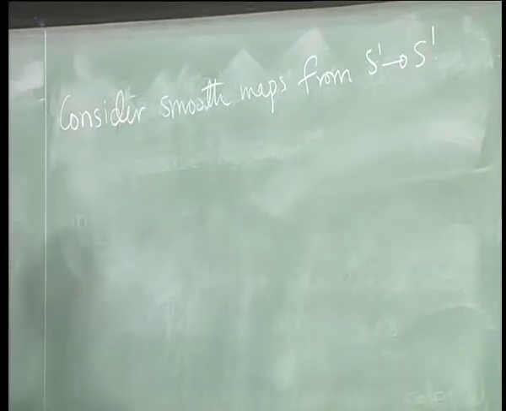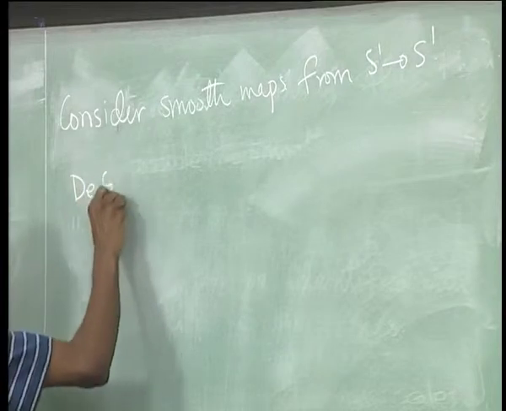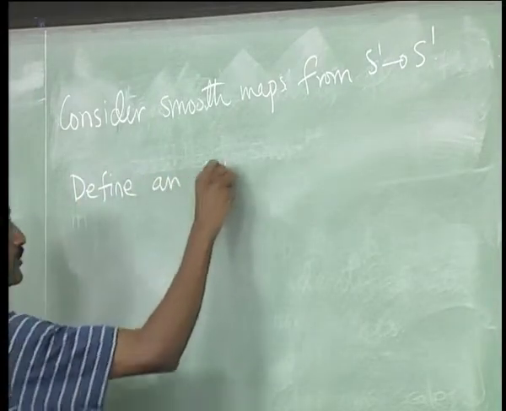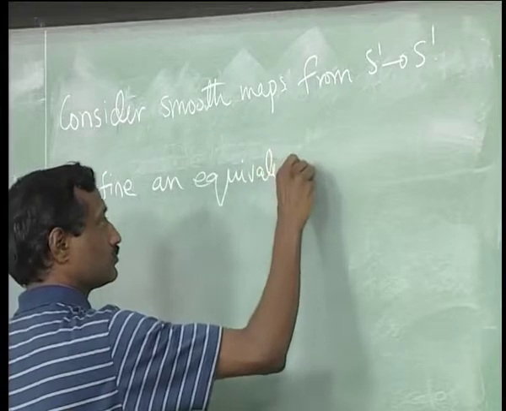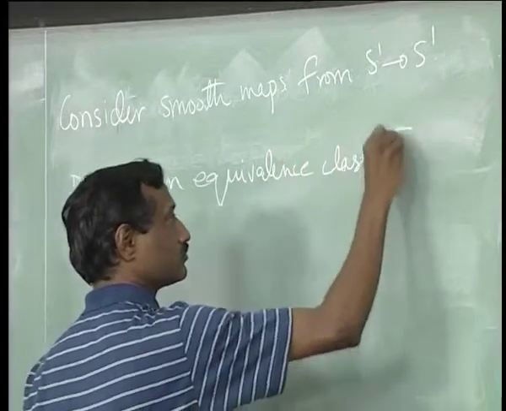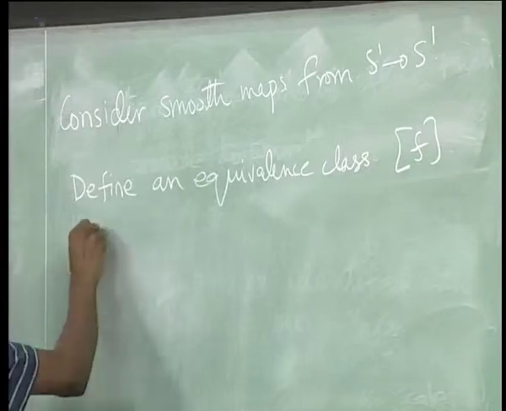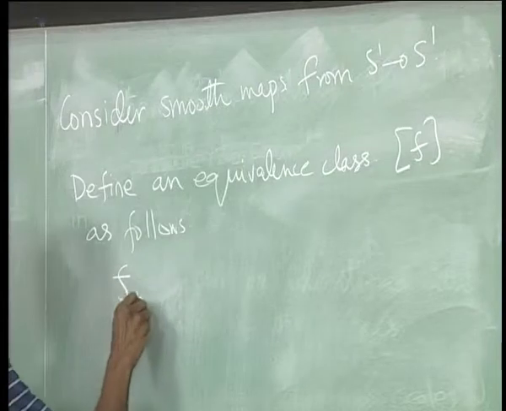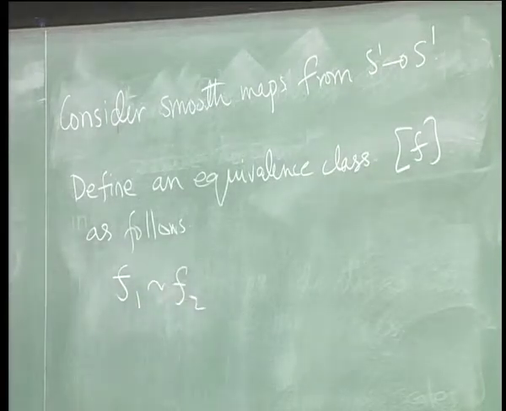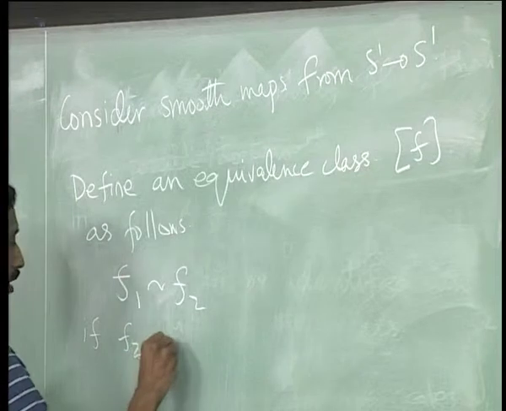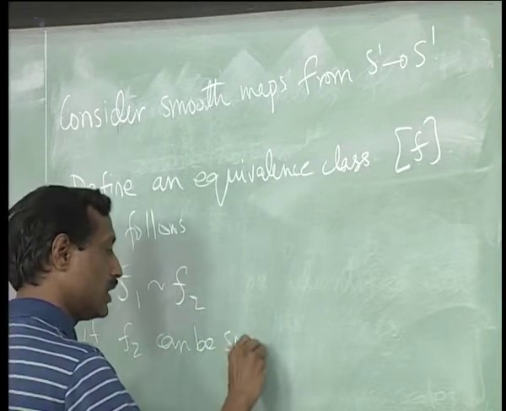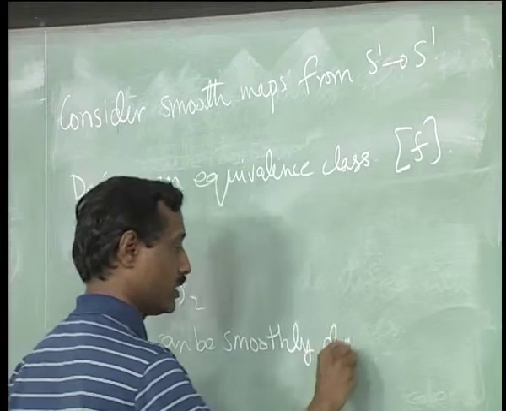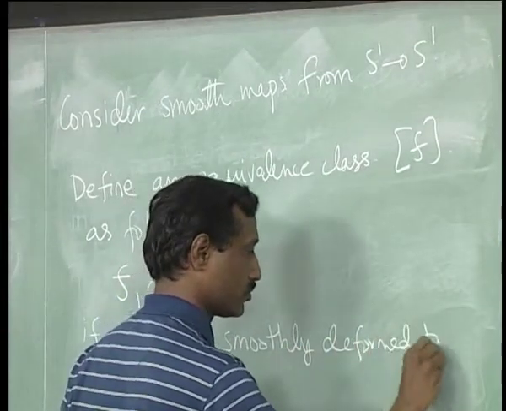So, we will define an equivalence class as follows. Suppose you are given two maps F1 and F2. We will say that they are related to each other if F2 can be smoothly deformed to F1.